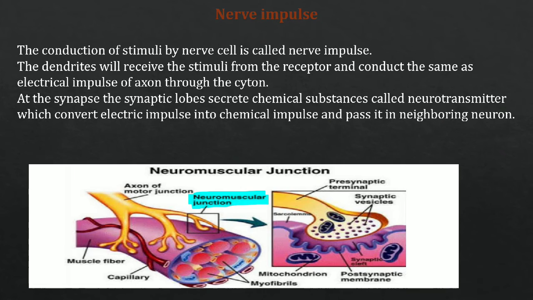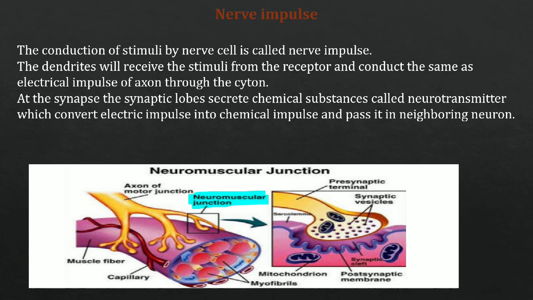How is the nerve impulse generated inside our body? First we have to know what a nerve impulse is. The conduction of stimuli by the nerve cell is called nerve impulse. Now how does it originate? In this image you can see how the nerve impulse is generated. First the dendrite receives the stimuli from the receptor and conducts it as an electrical impulse to the axon through the cyton.